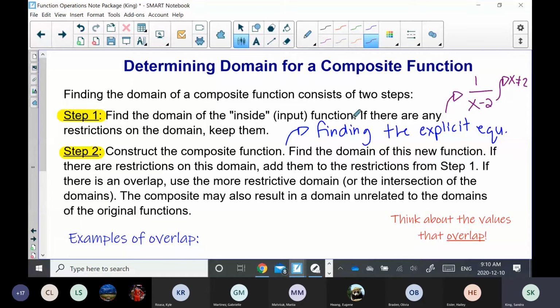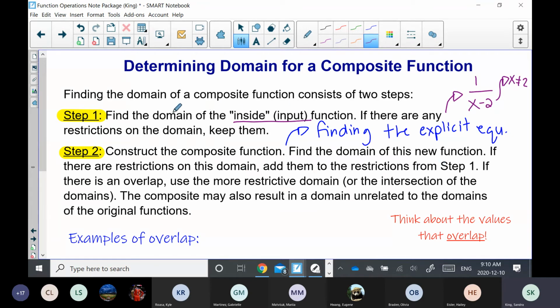Okay, so again, step 1, we always find the domain of the input function. Step 2 is we find the explicit equation, and we see if there's any restrictions on there. If there are restrictions for the explicit equation, we're going to add them to step 1.